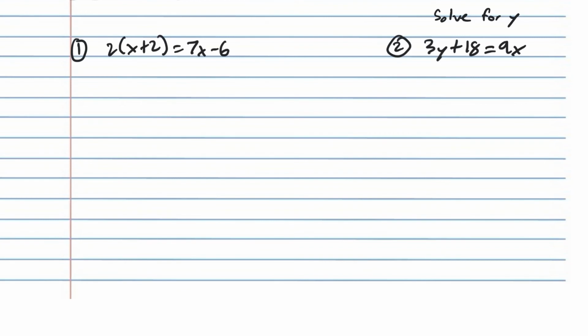If you want to check your answer, for question 1, I'm going to go kind of fast. We're going to distribute, get 2x plus 4. We need to get x's to one side, so I'm going to move that 2x.